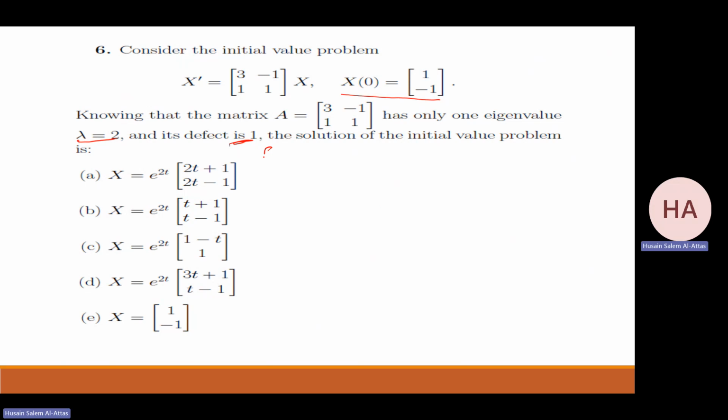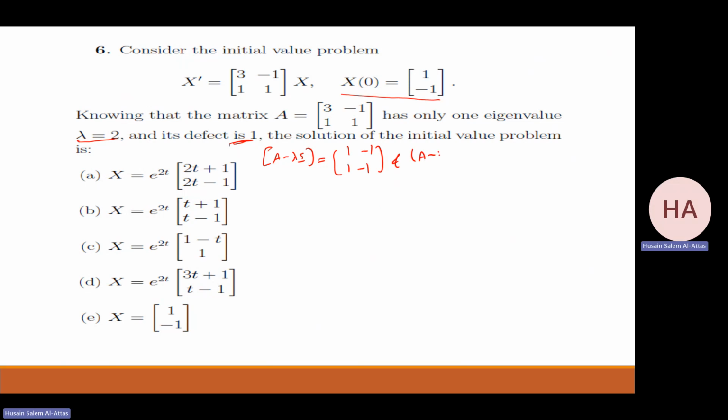What will be A minus lambda I? As a matrix, it will be 1 minus 1, 1 minus 1.